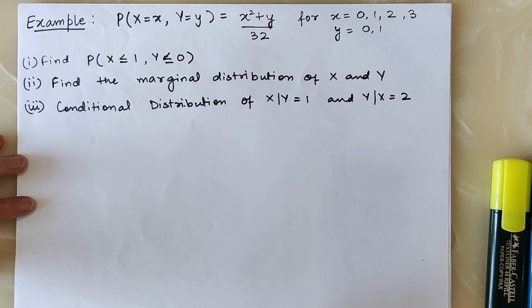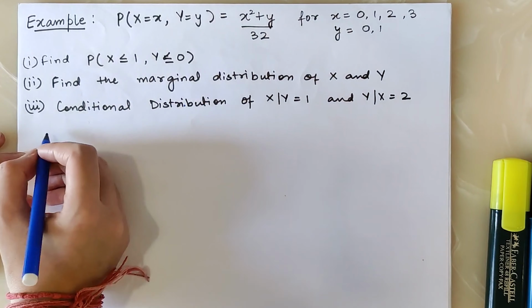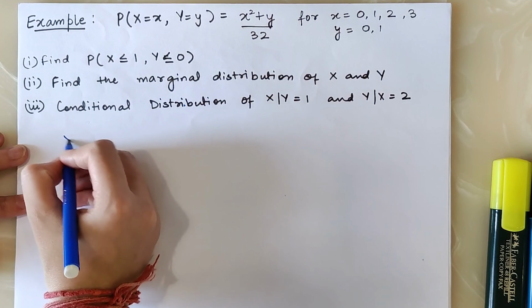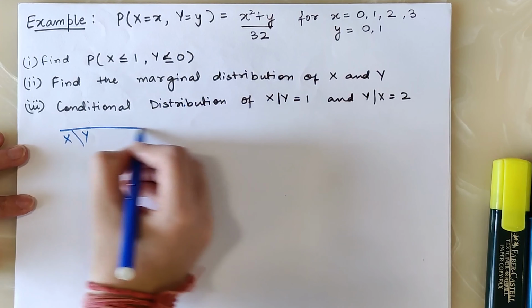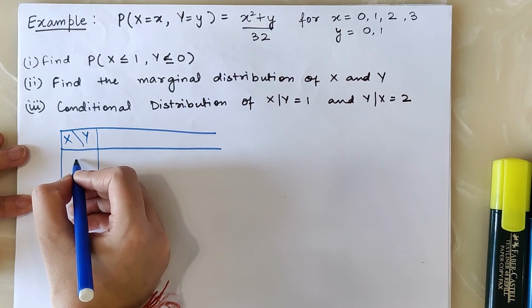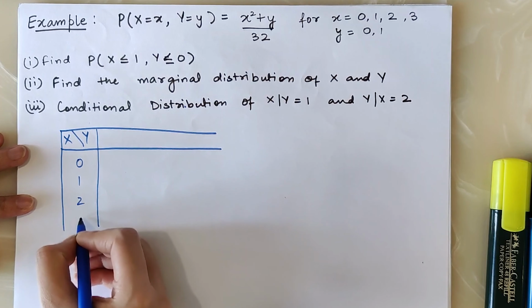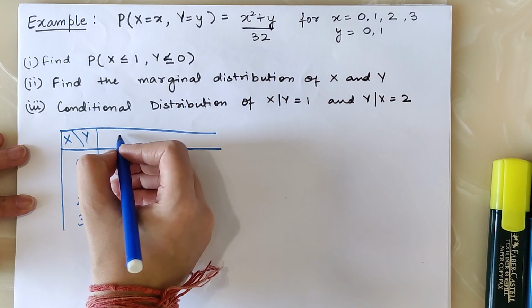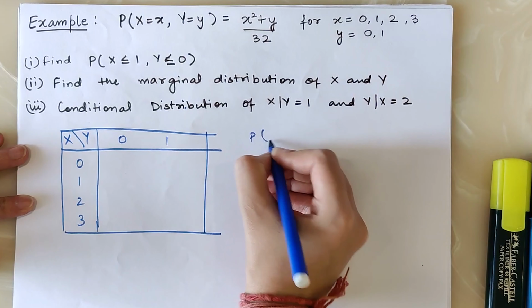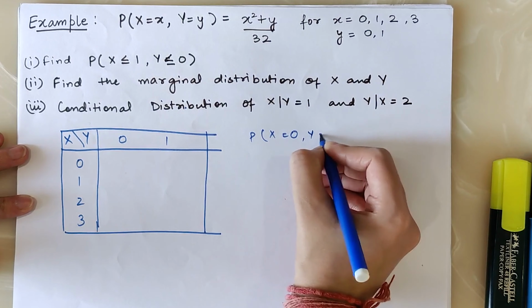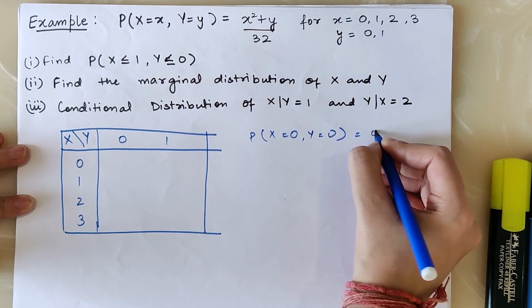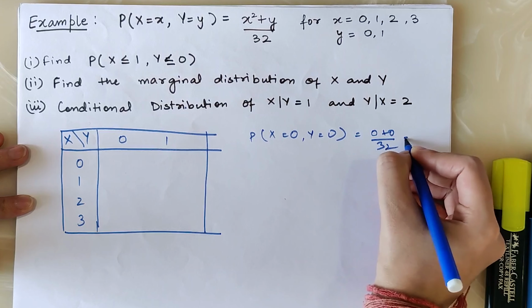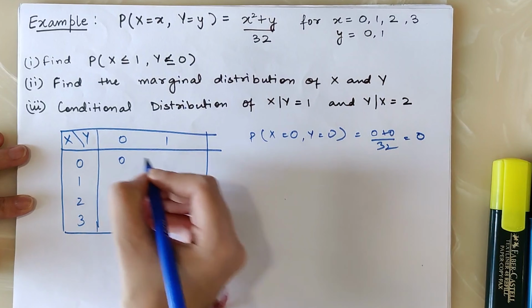Firstly, let's calculate the joint distribution of x and y. So the values of x are 0, 1, 2, 3 and the values of y are 0, 1. Probability x equal to 0 and y equal to 0 is actually 0 plus 0 by 32, which is equal to 0.